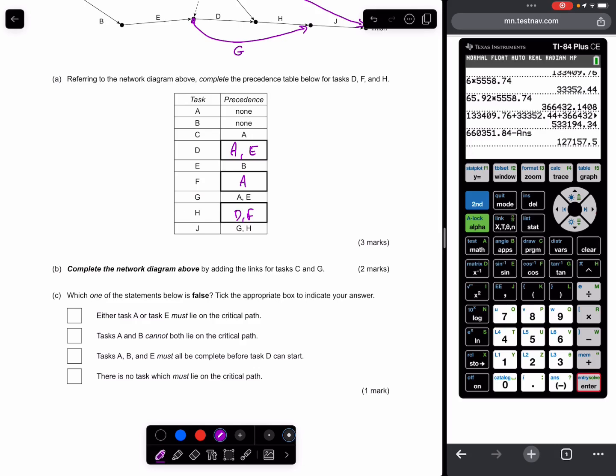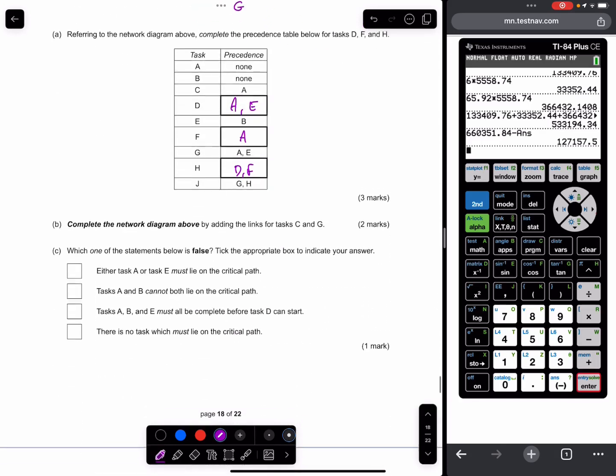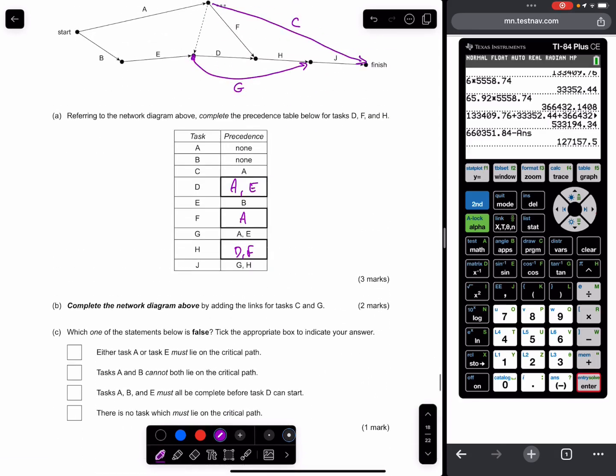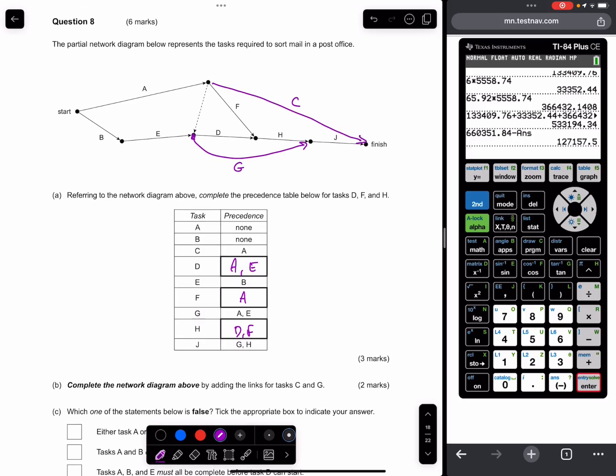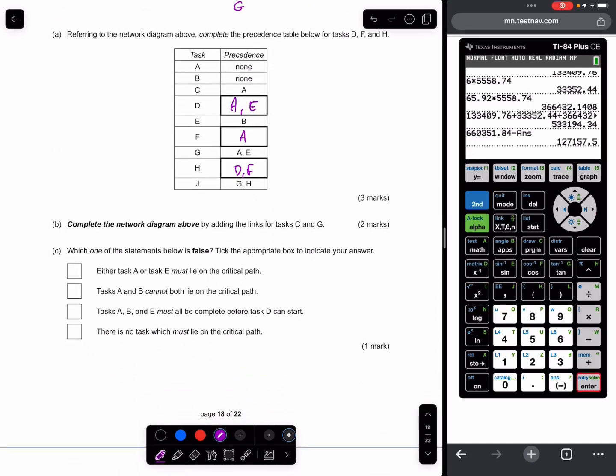Not quite sure what the answer is. I don't have anything to check it with. I'm just giving you my solutions here. A and B cannot both lie on the critical path. You don't have the numbers to determine that. There is no task which must.